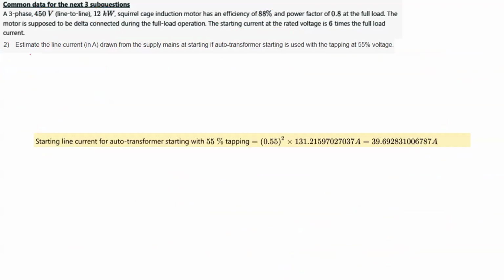Now they're asking you to estimate the line current drawn from the supply mains.